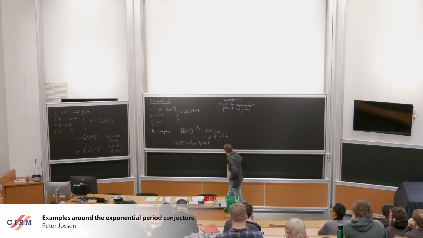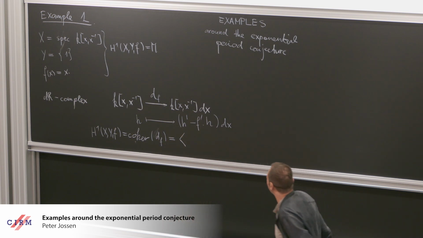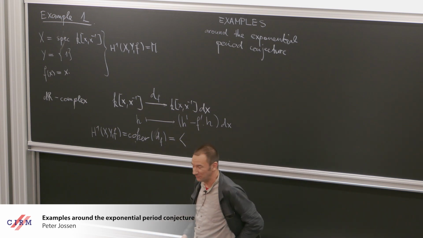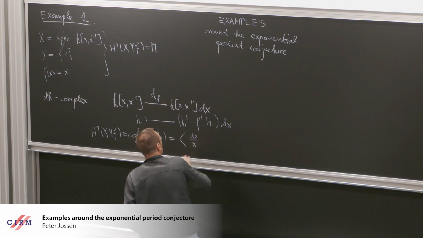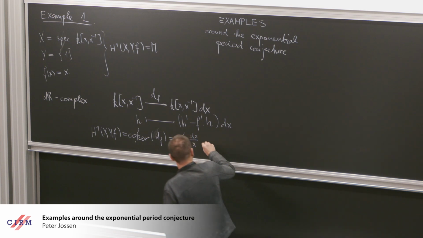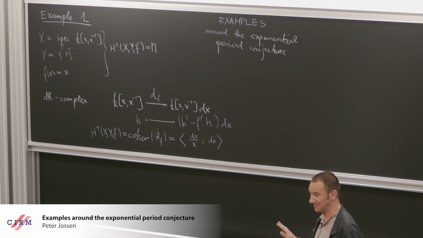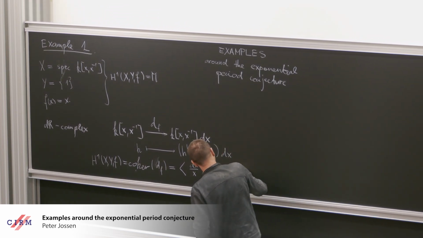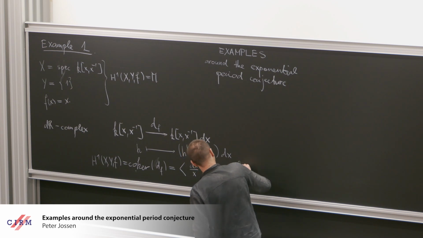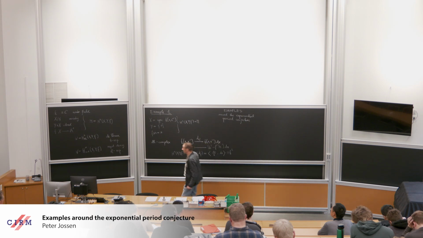So this map is injective, and the cokernel is two-dimensional, and I leave it up to you to check that the cokernel is generated by the symbols dx over x and dx. That's the cokernel, and I'm telling you, this is the de Rham cohomology in this instance. So as a K vector space, it's two-dimensional. All right, that's the de Rham side.